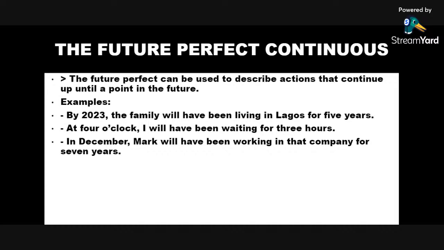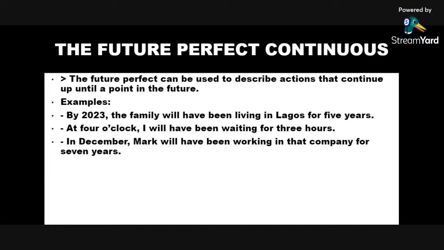So then another example is in December, Mark will have been working in that company for 7 years. It's also something you can project. So using the future perfect continuous, you can actually come up with projections, and this way of expressing future ideas, future actions, future events is really very helpful, especially when you want to communicate your ideas more effectively.